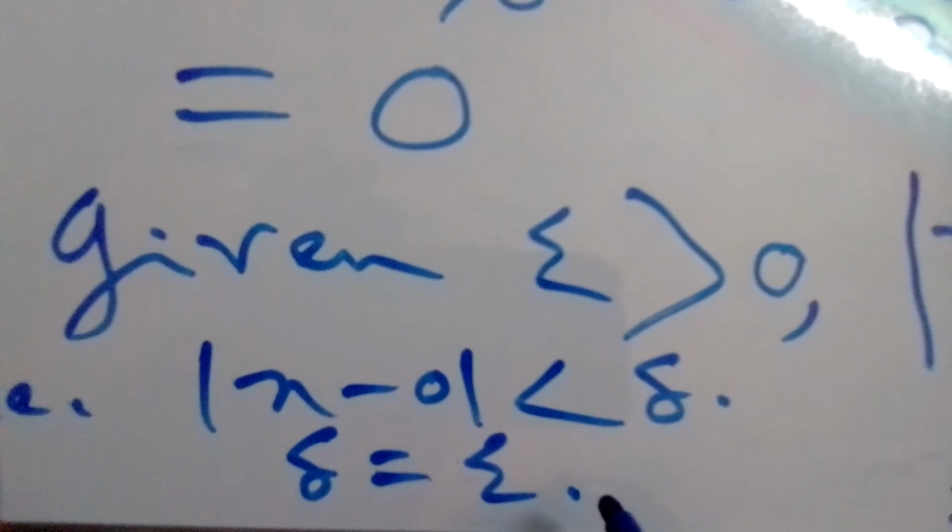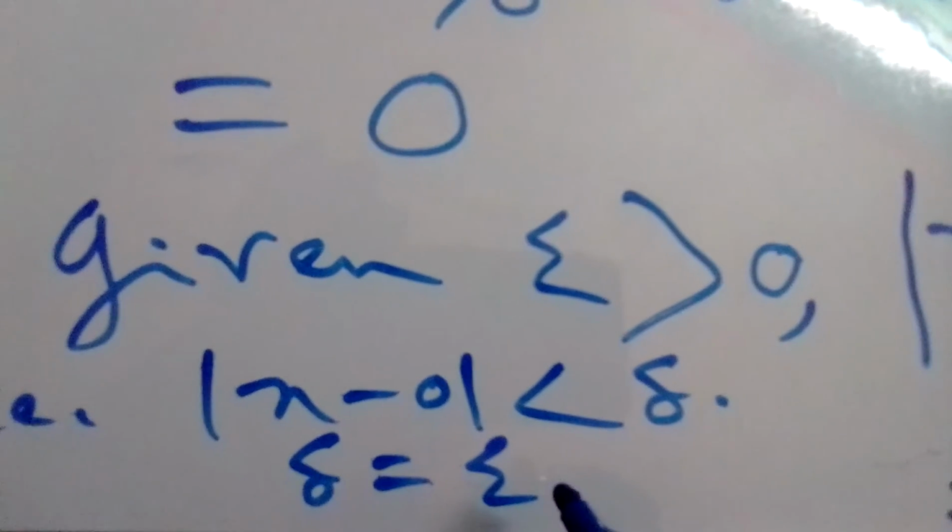So the epsilon-delta criteria is satisfied, and hence we can say our result, that limit x tending to 0 of x sin(1 by x) equals 0. So this result goes finally to 0.